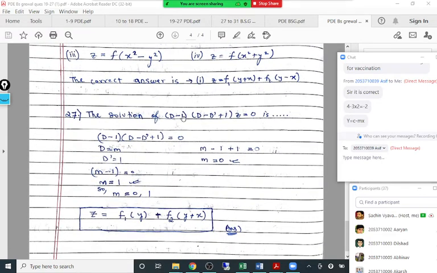27th, solution for this differential equation. Now this is not homogeneous. So d is equal to m and d dash is equal to 1. Is it correct? Yes, anyone? 27th answer, is it correct? Is there a mistake? Yes, quick, tell me.